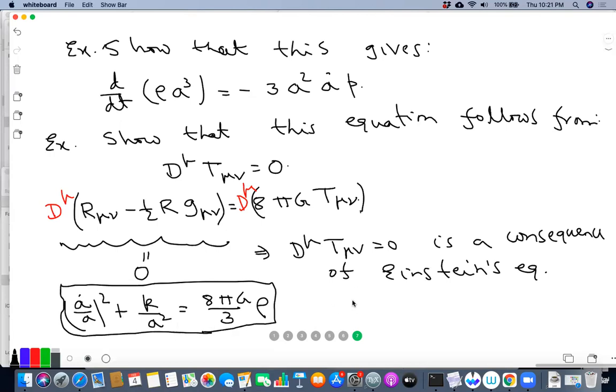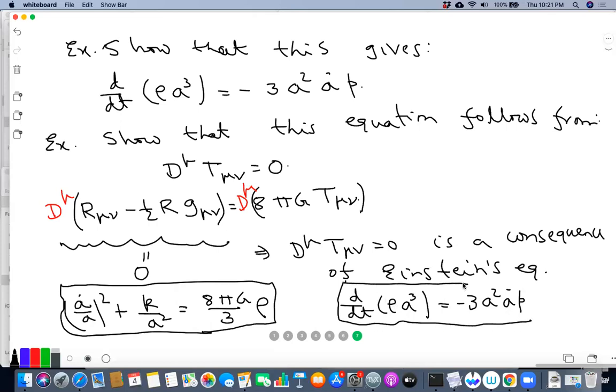And the other equation is d/dt(ρa³) = −3a²ȧp. This is the energy momentum conservation equation. In fact, this is really the energy conservation equation, because this follows from the 0 component of this equation. When ν is equal to 0, that's the component that gives you this equation over here.